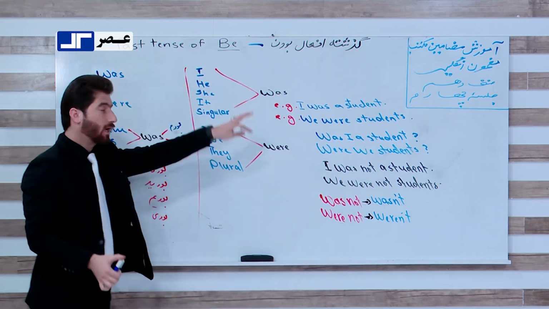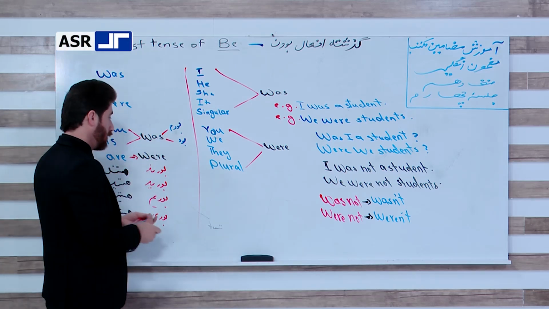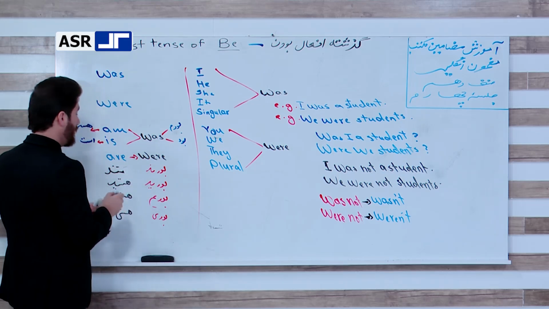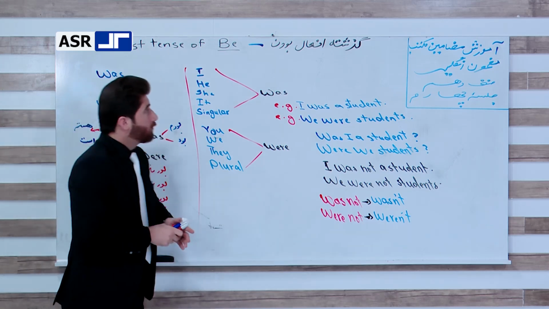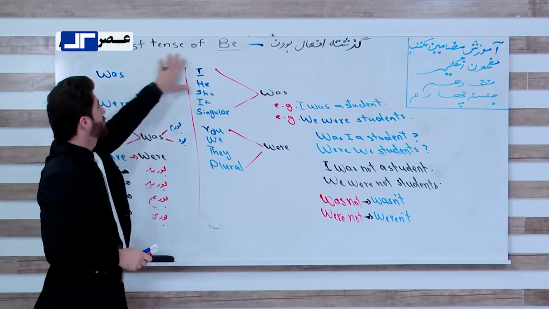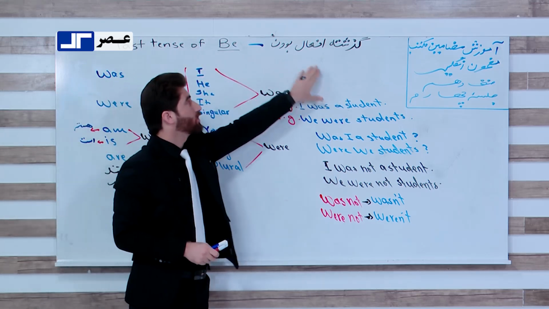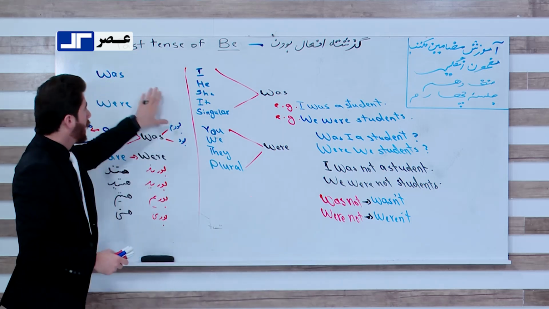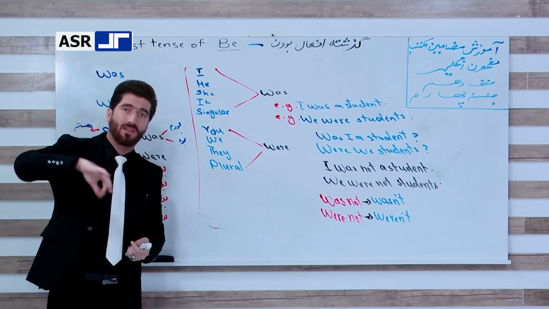But if we summarize today's lessons, it goes like this. Today's lesson was about the past tense of be. I just told you that to be verbs have two words in the past.